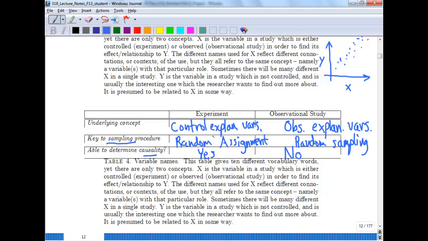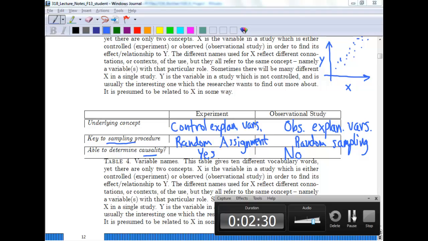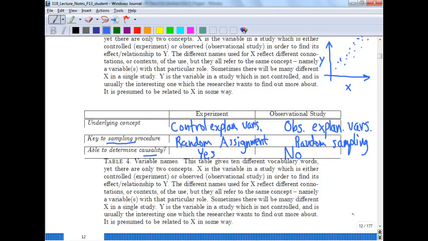So if you have, let's say, a machine that measures the blood pressure of a group of students, is that therefore an experiment because we've used a machine? No, it's an observational study.